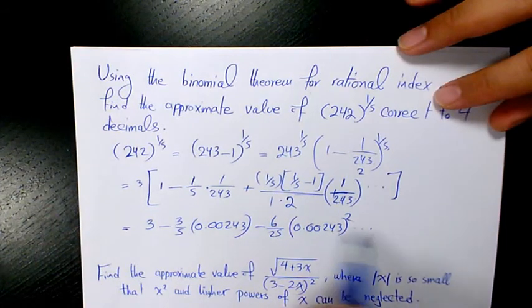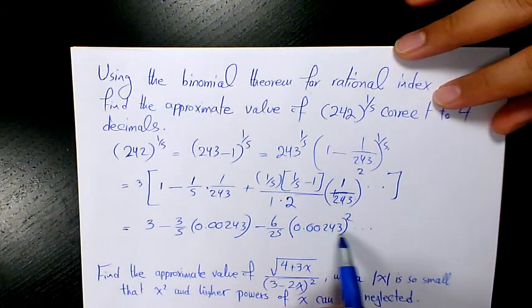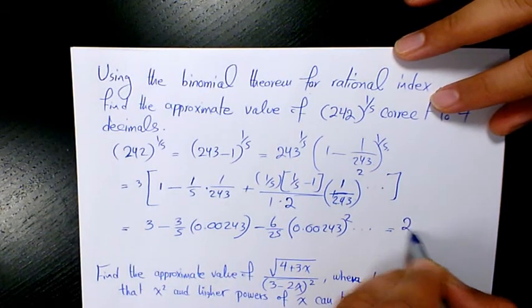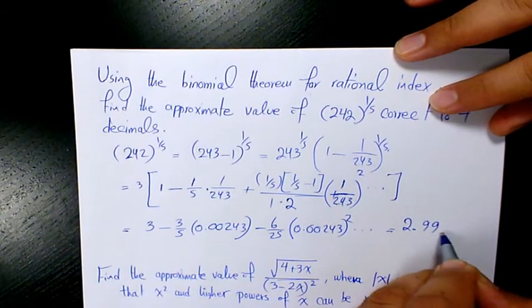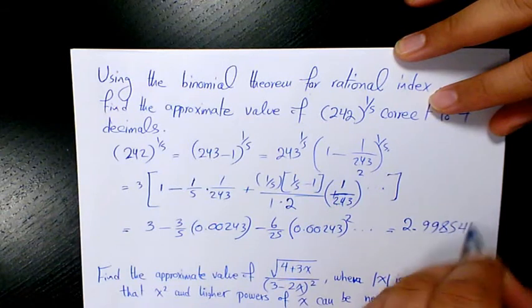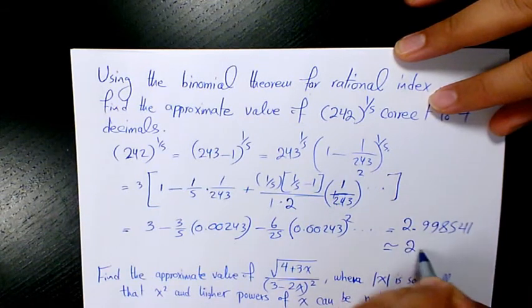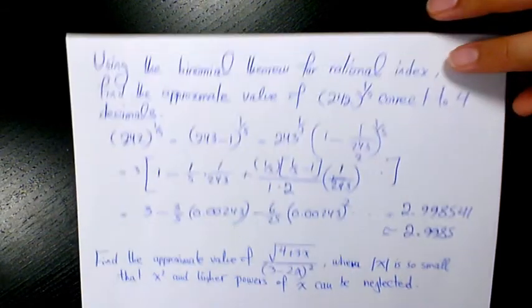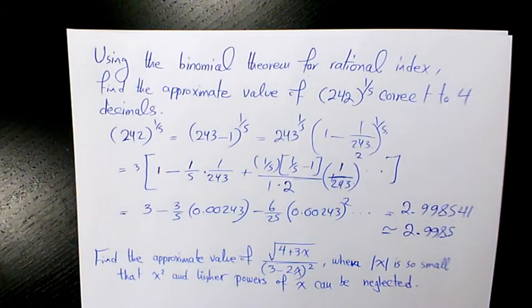Some of them are going to be neglected, whatever is after 4 decimals. So when you do that, it's going to be 2.998541, which you can say is approximately 2.9985, because we are looking for only 4 decimals.